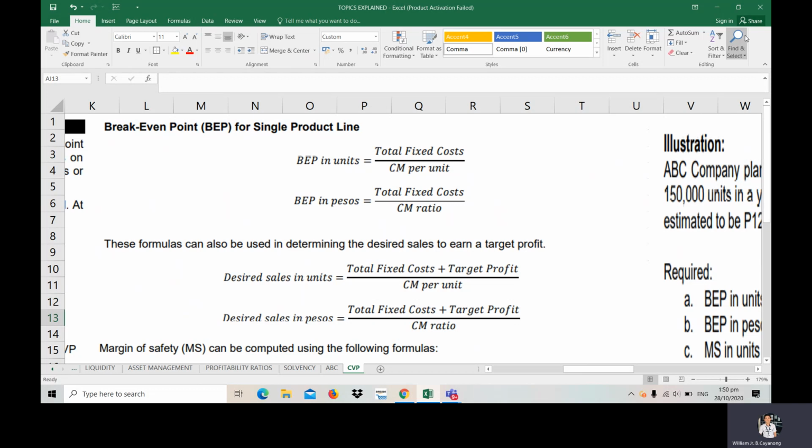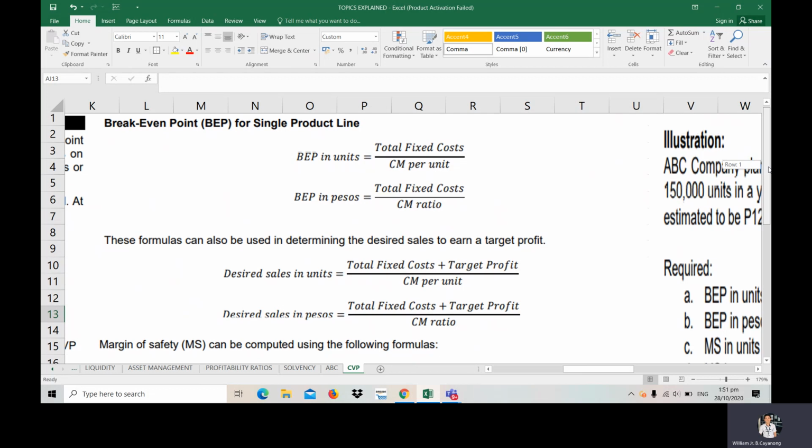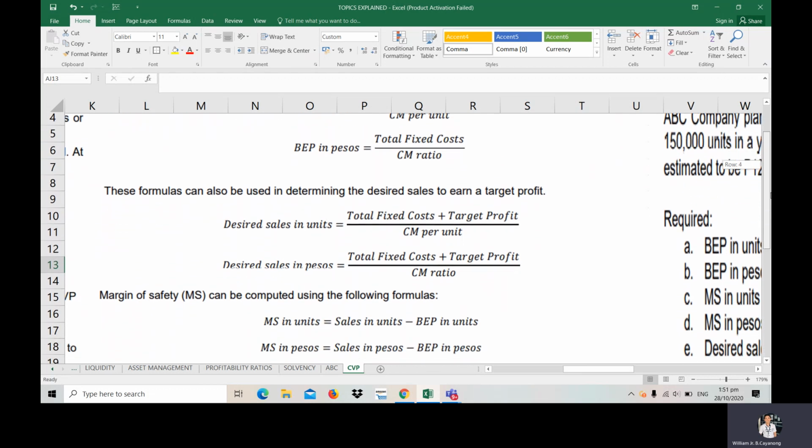For this situation, we are just going to apply the single product line. If you are going to get your BEP in units, you need to divide your total fixed cost over the contribution margin per unit. If it is in peso, same formula pa din, but your denominator will be the contribution margin ratio.